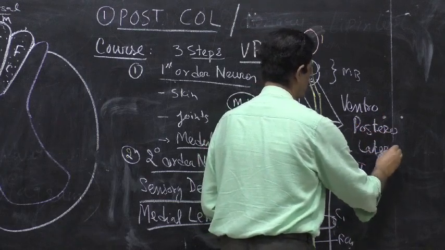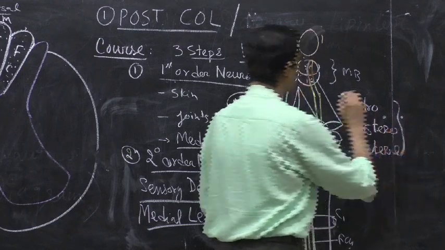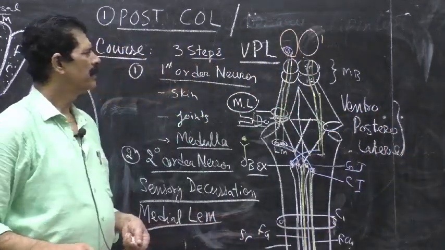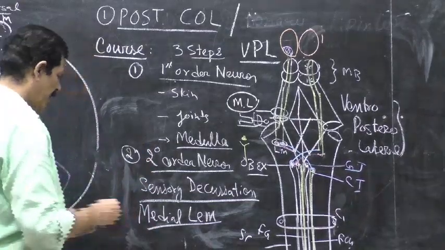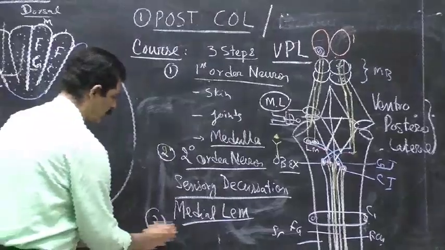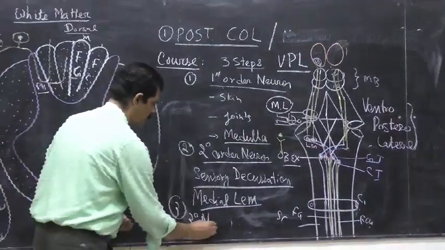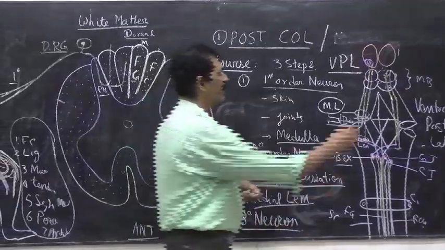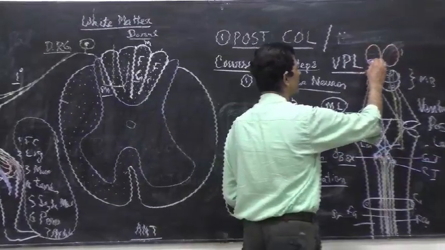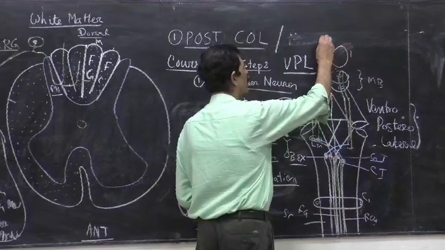So in this nucleus all these sensations relay. And now the next step is the third order neuron. When they relay here, third order neurons start.